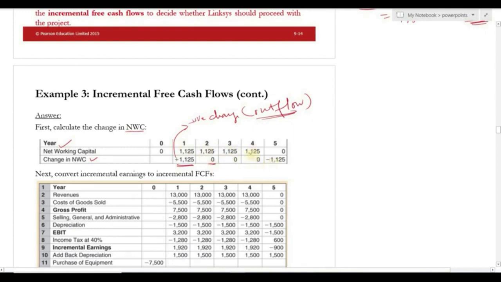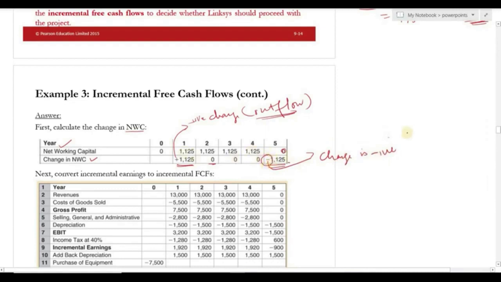From 4 to 5, it means in the 4th year we have to buy 1125 of current assets, but in year 5 we are not buying anything. So when we are not buying anything, we are reducing. It means we are not paying, right? So although this change is negative, remember, this negative doesn't mean an outflow.